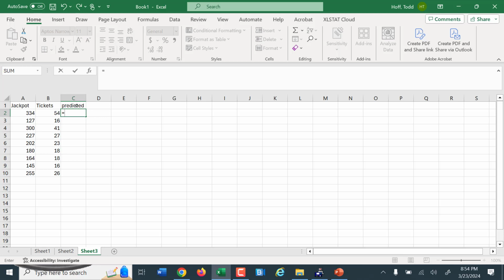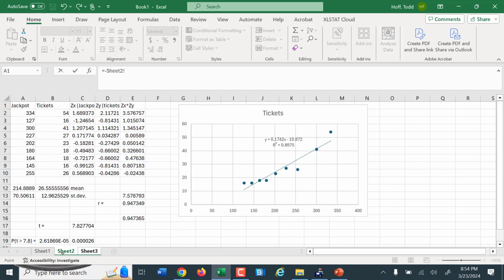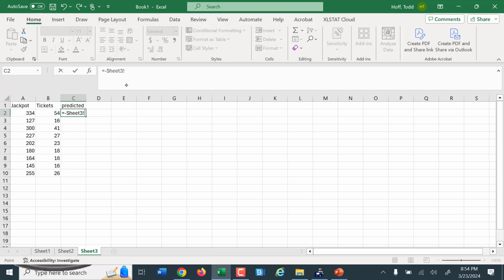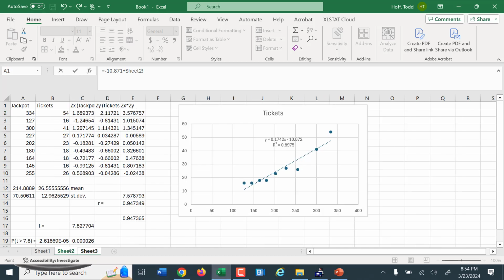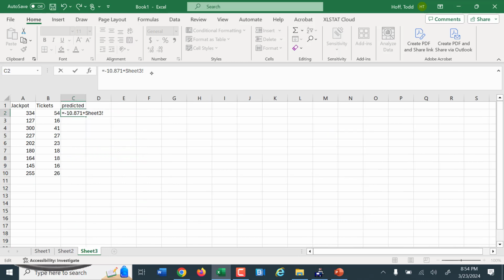So this is going to equal negative 10.872 plus 0.1742 times x.